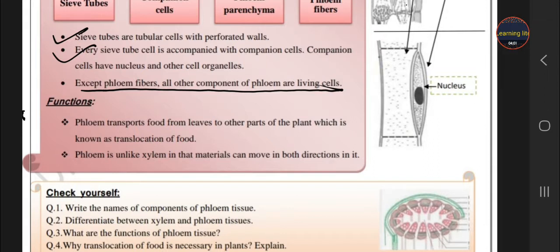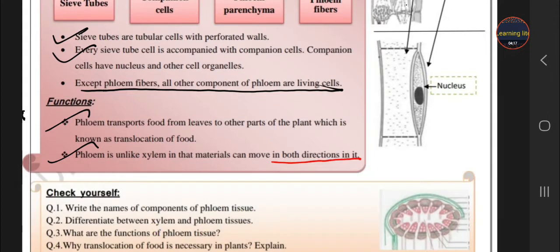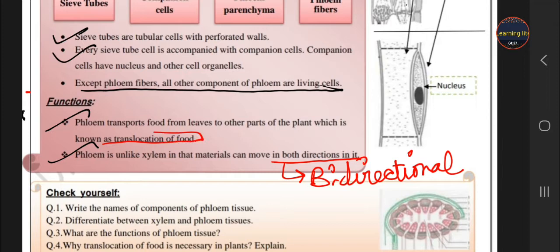Because it moves the food to the upper part and the lower part, it helps in translocation in 2 directions. So phloem is called bidirectional, both directions, and it also helps in the translocation of food.